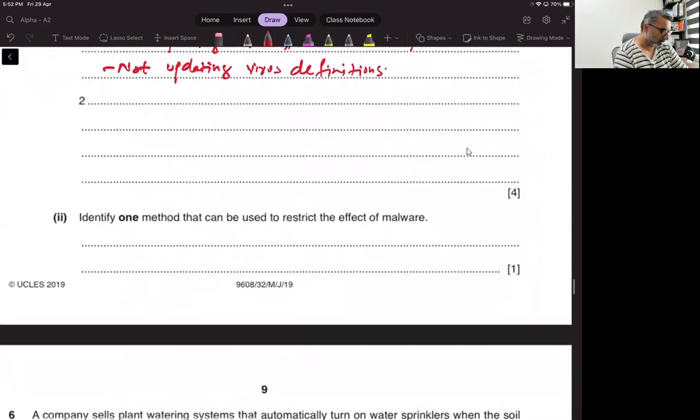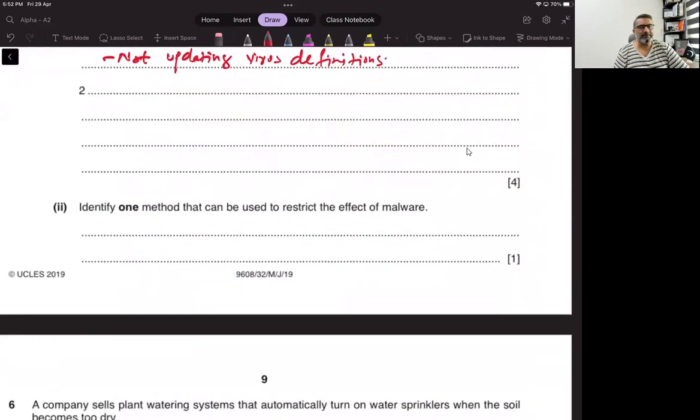Okay. Identify one method that can be used to restrict the effect of malware. Installing any antivirus and updating it always.